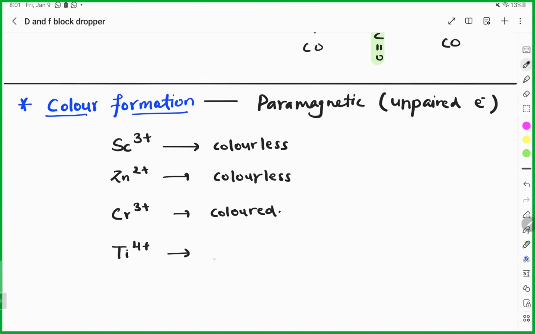Colorless. Because titanium 4 positive configuration will be 3d0. No unpaired electron. Correct? So make sure if there is no unpaired electron, in such a situation, it will be colorless. For example, copper 1 positive will be colorless. How do we know? Because of the 3d10 configuration, no unpaired electron.